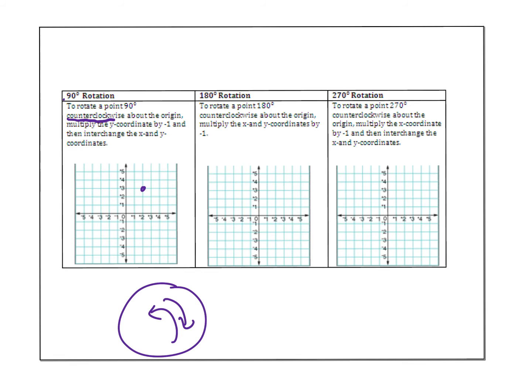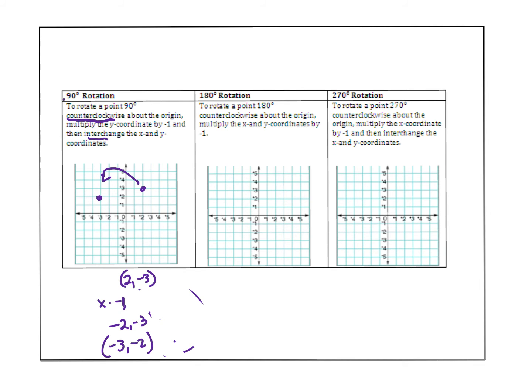So all I want to do is multiply the y-coordinate by negative 1 and then change x and y. So for this point, my point is 2, negative 3. So I'd multiply x times negative 1. So it'd be negative 2, negative 3. And then swap them, negative 3, negative 2. And that would be my 90-degree rotation.